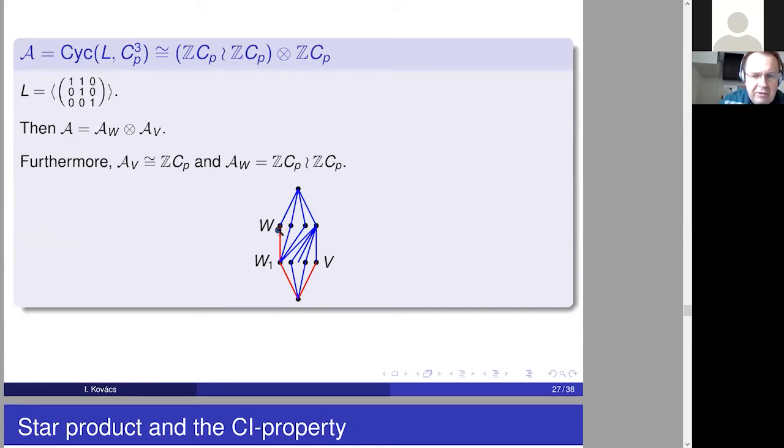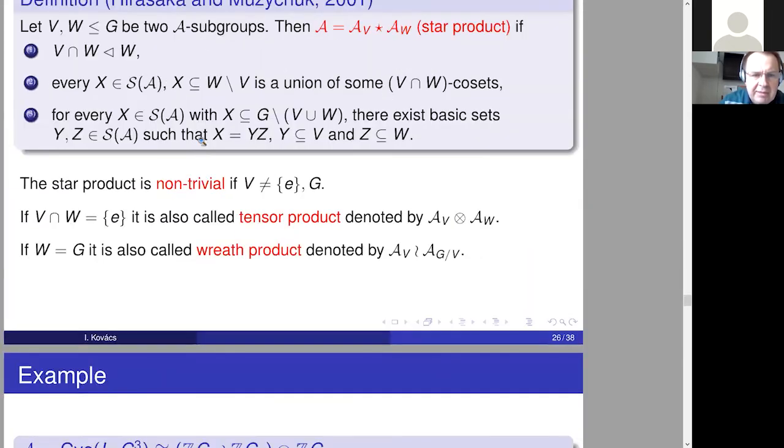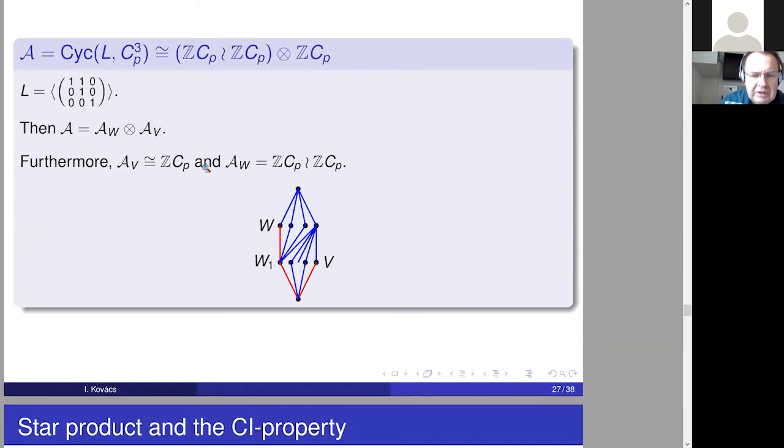For that, you have to check axiom 3, this product axiom. In this case, the S-ring here is just the group ring, so the basic sets are just singletons. If you multiply a basic set with any basic set in this S-ring, because it's a singleton, it's not difficult to prove that the result should be a basic set of the whole S-ring.